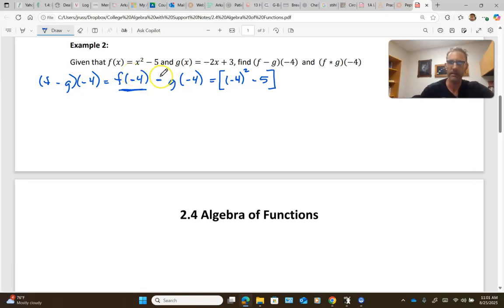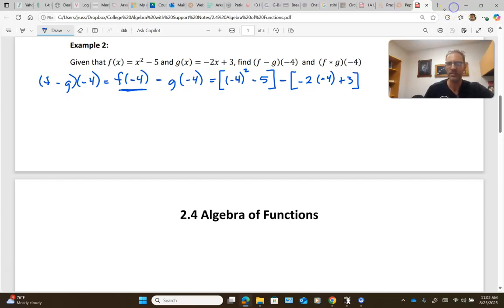And then we'll say minus, and then I'll keep in brackets g of negative 4. So now what I need to do is take negative 4 and plug it into the x that's in g. So if I do that, I'll have negative 2 times negative 4, and then I'll have a plus 3. Okay.